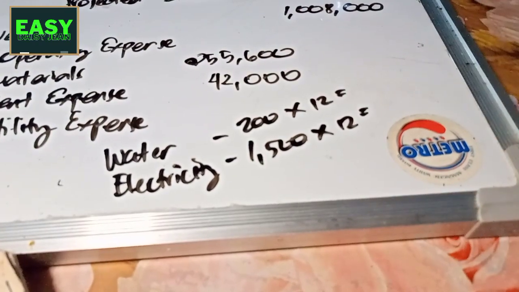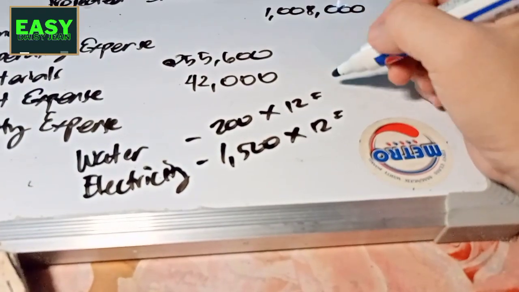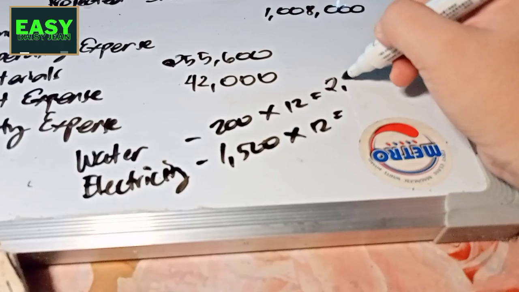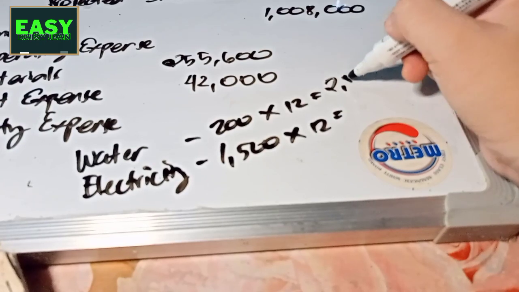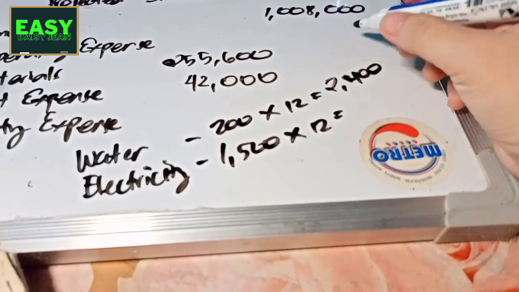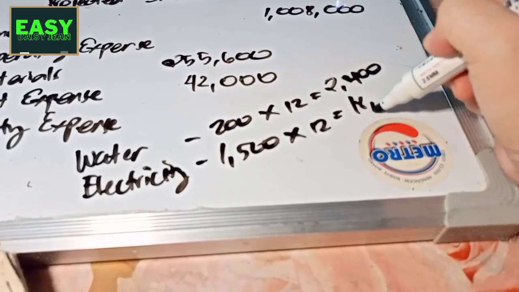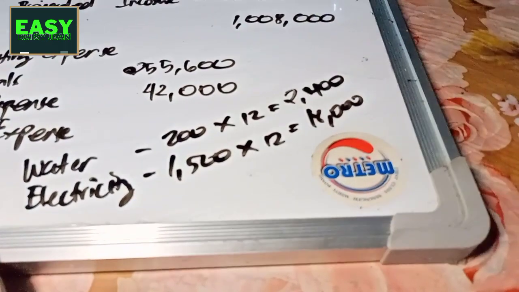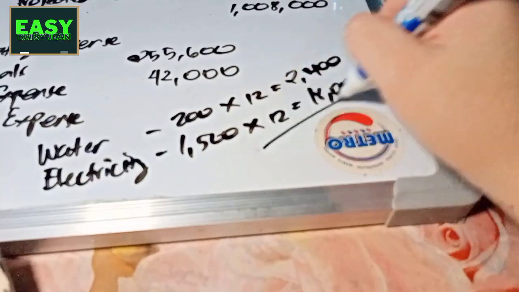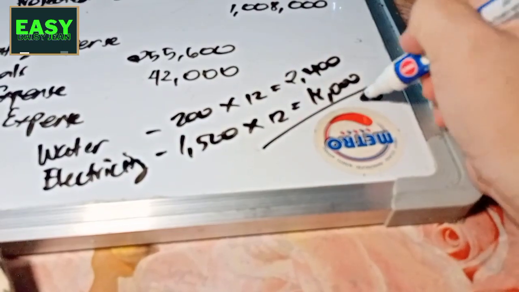So 200 times 12 is 2,400. And then for the electricity, it's 18,000. So with this, you put the total. How much is the total for this one?